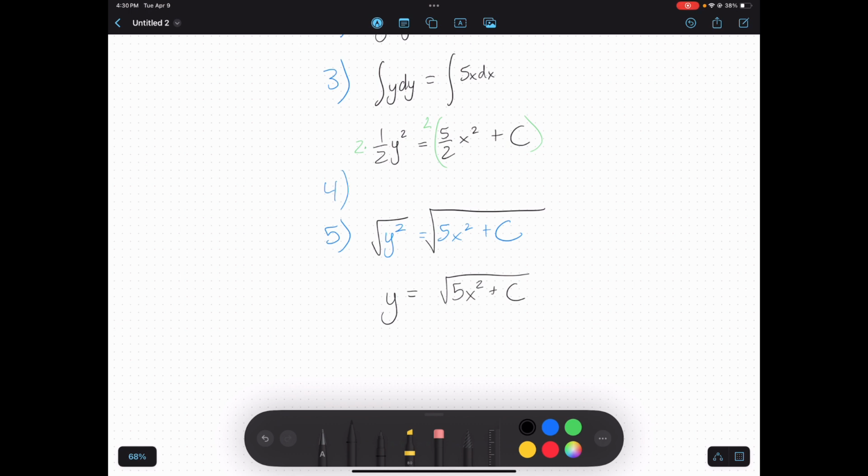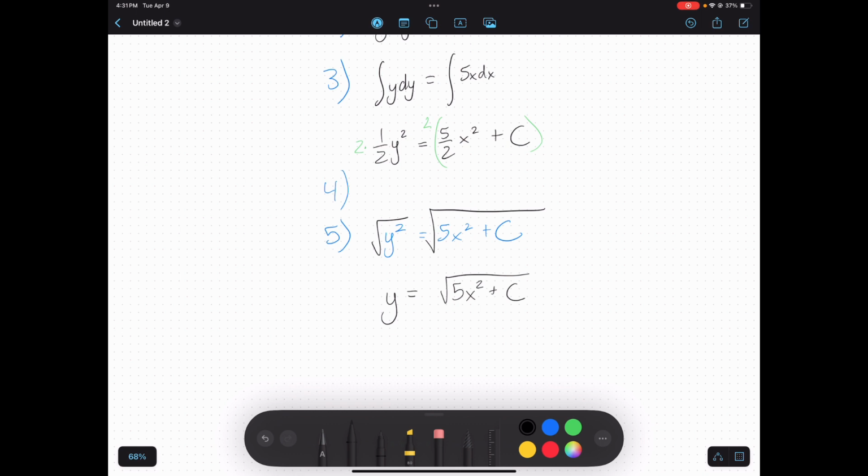Now, this does get a little bit tricky, because I think you'll notice on the homework question it says something like, use a comma to separate your answers. Wait a second, does that mean there are multiple answers here? Well, in this case, there actually are. The reason is that whenever you square root as part of solving for something, there's a difference between this and the actual square root function.